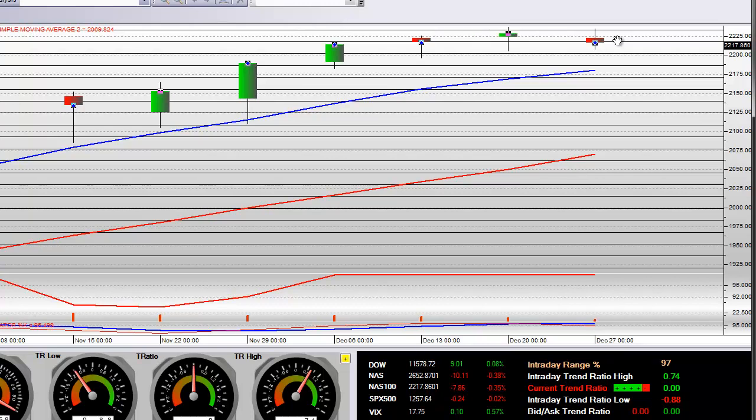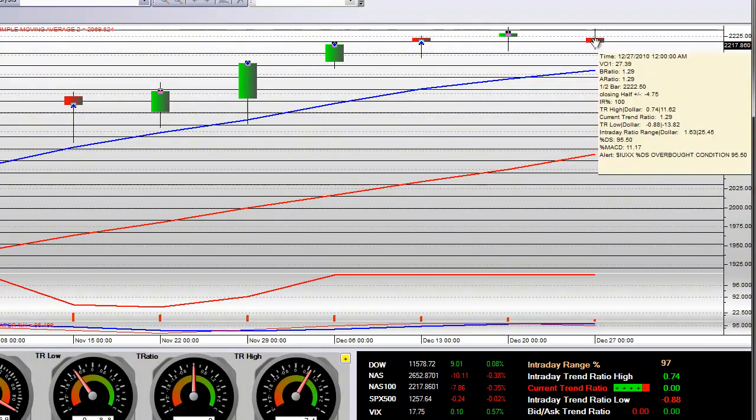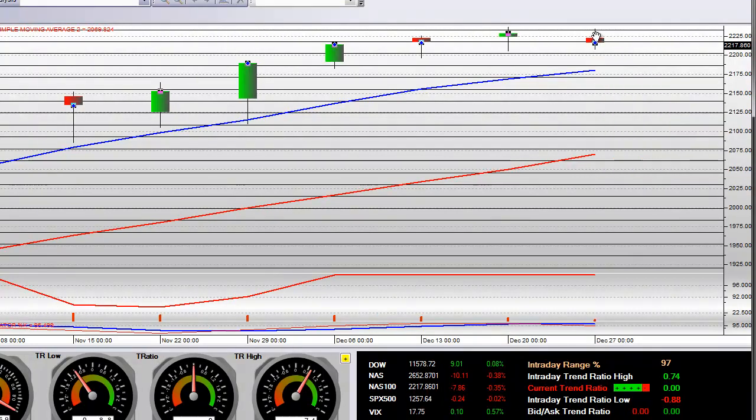So when we do find a reversal, put options on the Nasdaq 100 pay a lot of money. So what we're going to be looking for on January 3rd is that hook descending. We're looking for bars like this on a weekly, taking out the previous week with negative down volume.